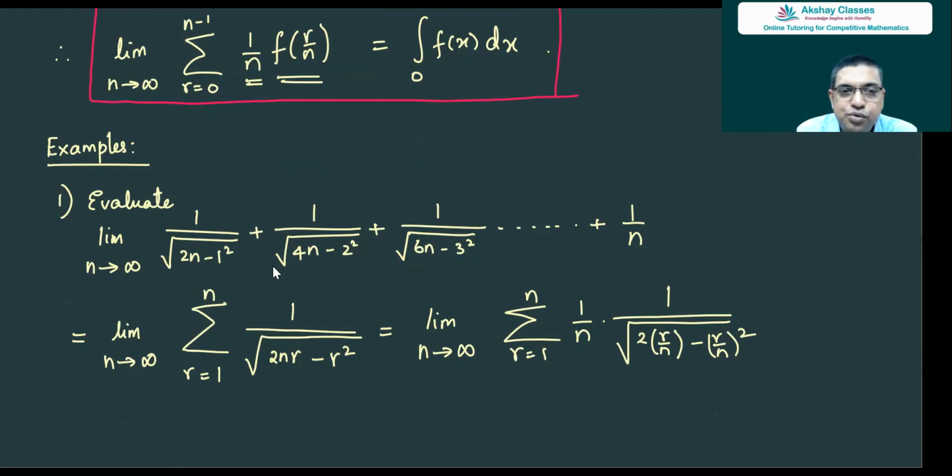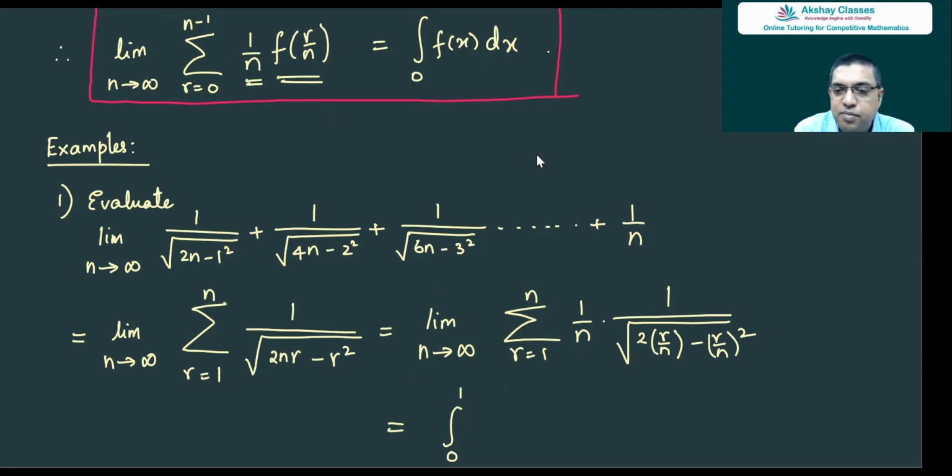So what should you do? This 1 by n you have to replace with dx. F of r by n you have to replace with f of x. So 1 by n becomes dx, and with the limit n tends to infinity, this sigma sign becomes the integral. So this portion, the sigma with the limit, becomes the integral 0 to 1.